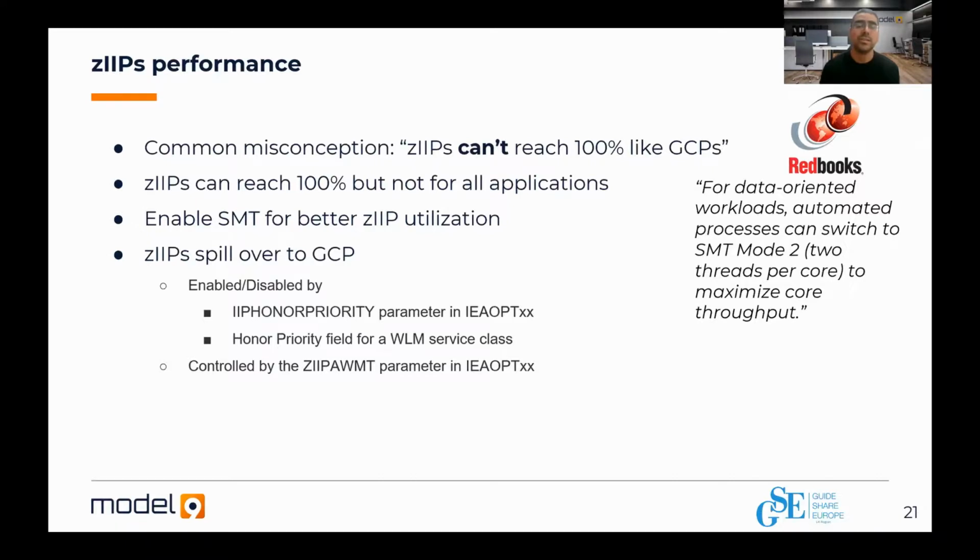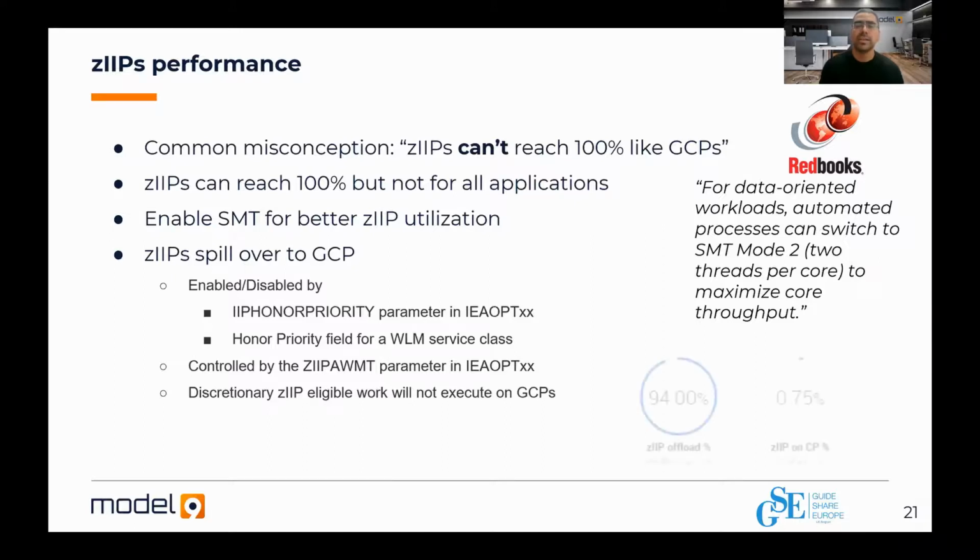So increasing or reducing this parameter can really change those spillover values if you're interested in them. Just for a note, keep in mind that discretionary zIP workload, if you have zIP engines, will not spill over to GCP regardless of what you do, okay?